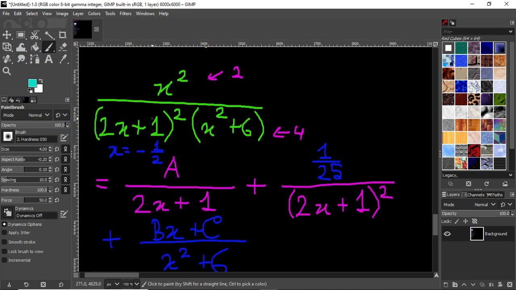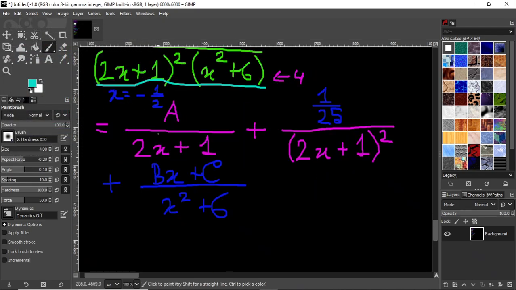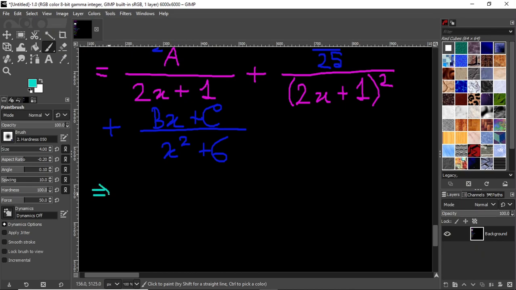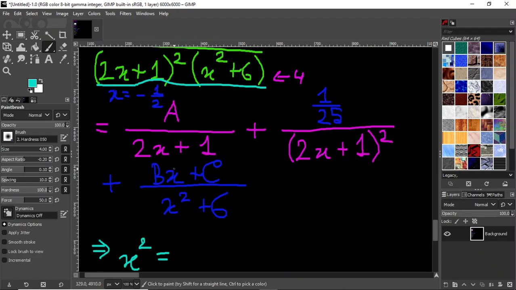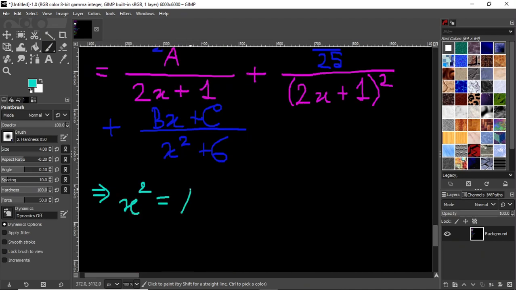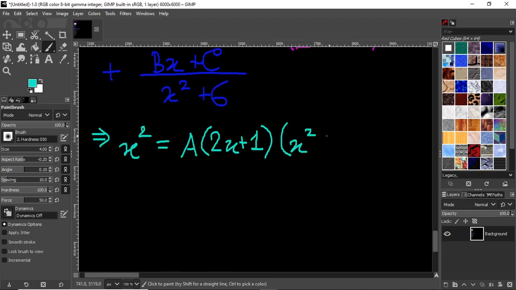To do that, let's multiply both sides by this thing, and what we get is x squared equals a times 2x plus 1 times x squared plus 6, all right, plus 1 by 25.